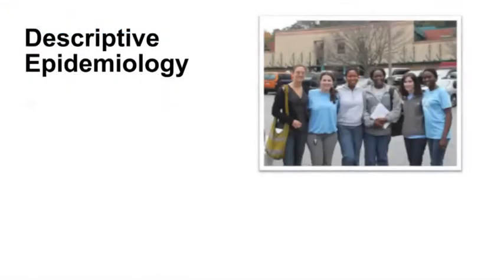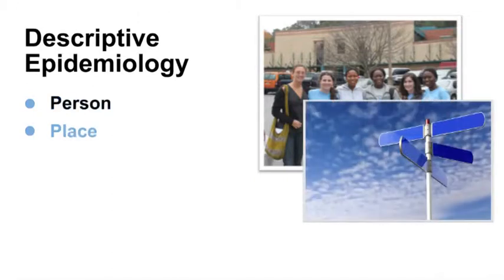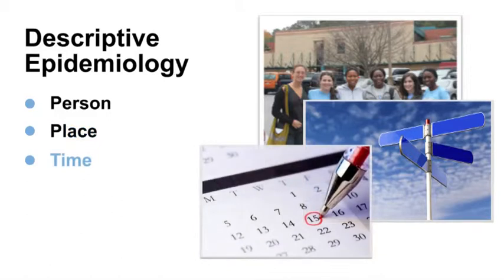Descriptive epidemiology refers to characteristics of persons, such as age, sex, race, and socioeconomic status. Characteristics of place, such as country, province, state, city, zip code, or census tract, and characteristics of time, such as long-term trends, short-term variations by week or day.